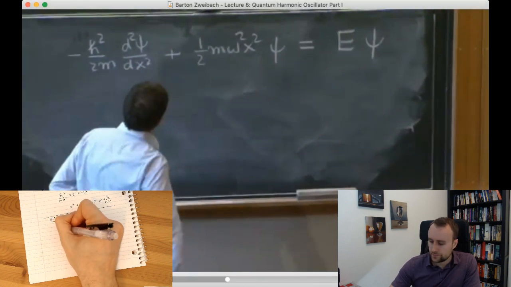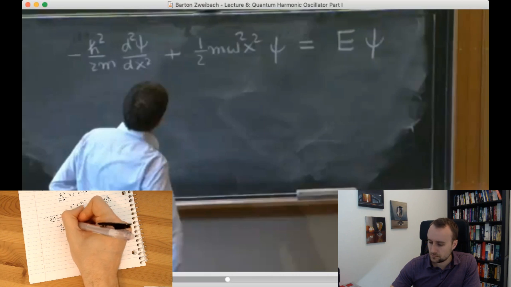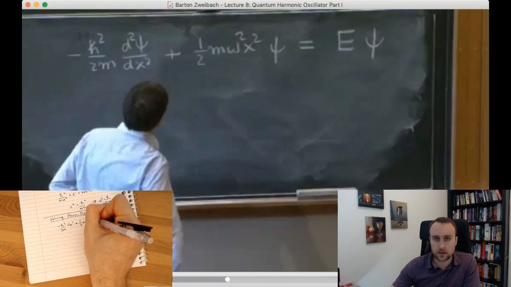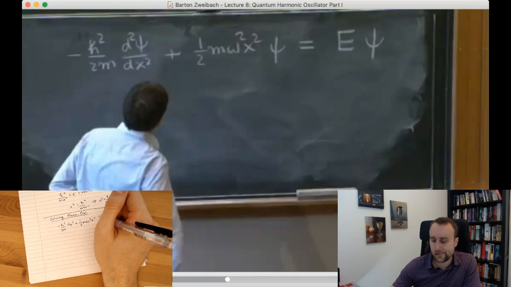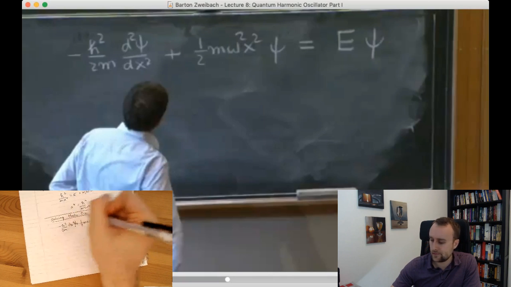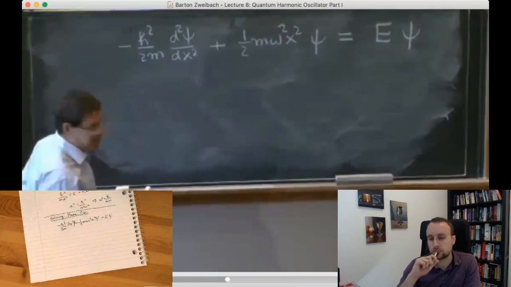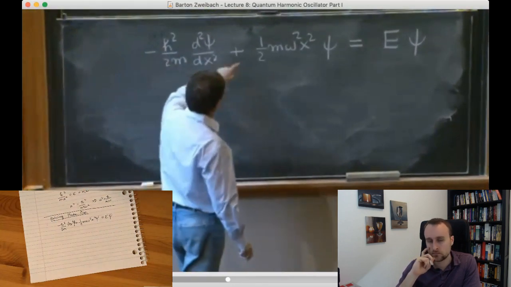We have minus h bar squared over 2m, d squared psi dx squared, plus 1/2 m omega squared x squared psi, equals E psi. Fairly unpleasant, with the presence of all these constants.